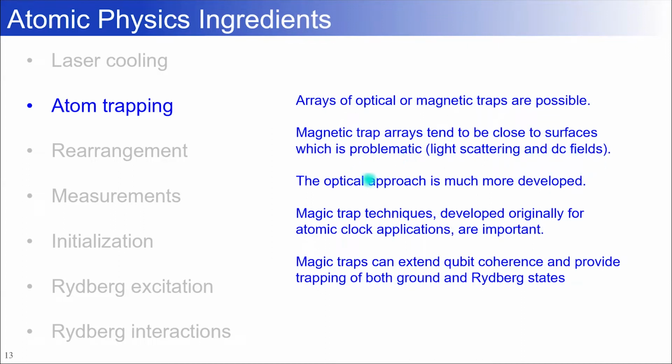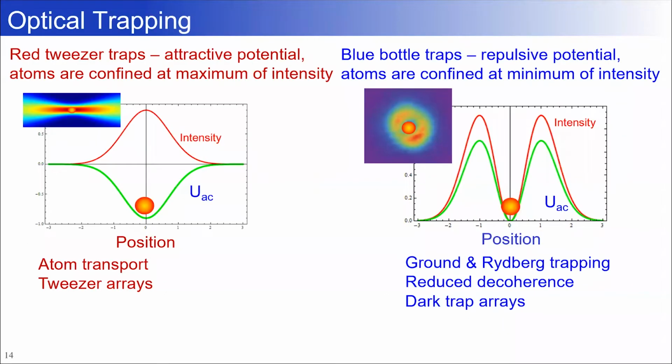So the optical approach is really much more developed. Magic trapping techniques, which were originally developed for atomic clocks, are very important for extending coherence. And magic traps can also be used to trap both the ground and these Rydberg states that are excited. And so let me take a few minutes and talk about magic trapping aspects of this field.